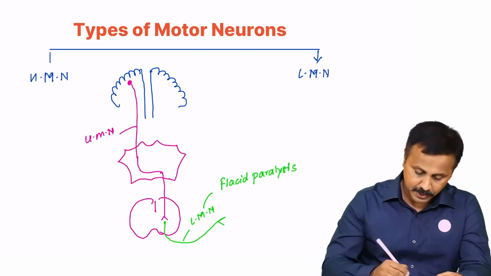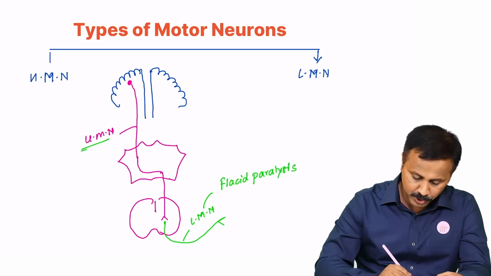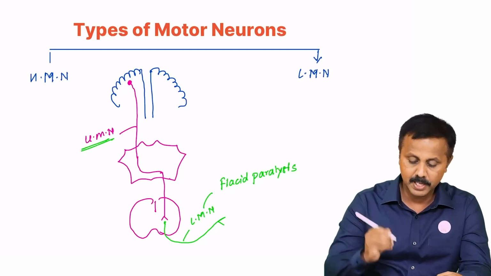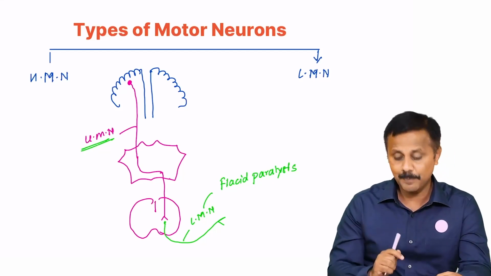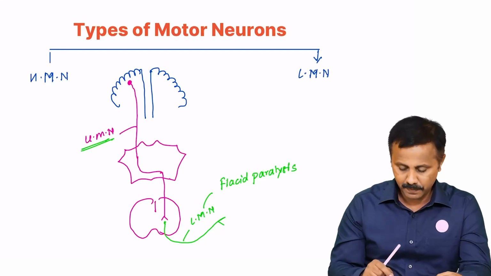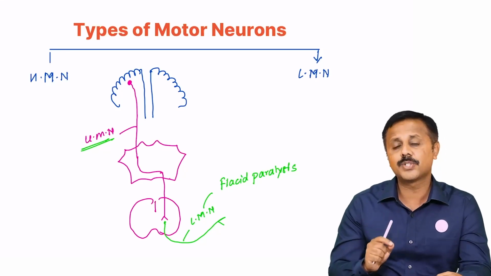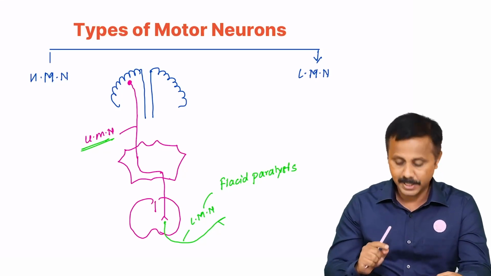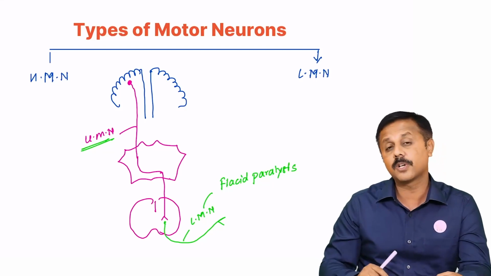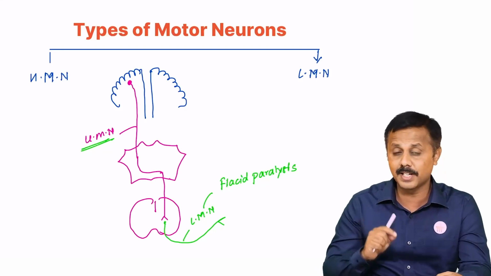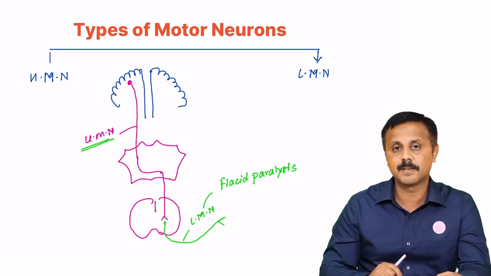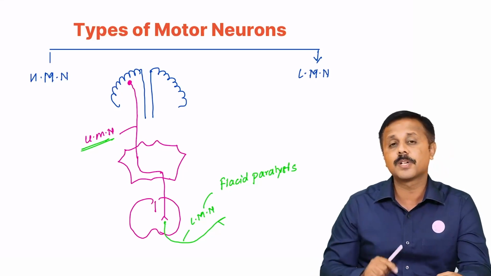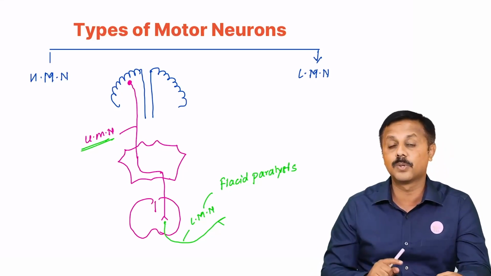Right? But whenever we have upper motor neuron lesions, you still see some amount of contraction which is of no use. That is because the lower motor neurons are still functional, they can still trigger an impulse, but there is no meaning to that impulse because the upper motor neurons basically regulate the function of lower motor neurons.